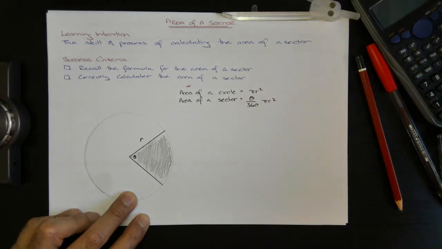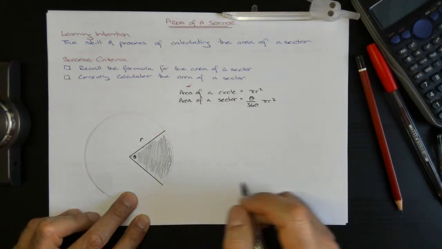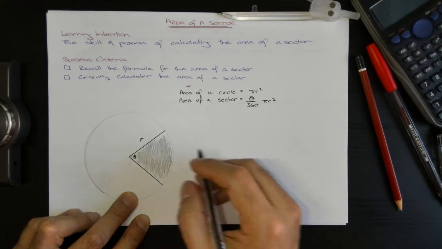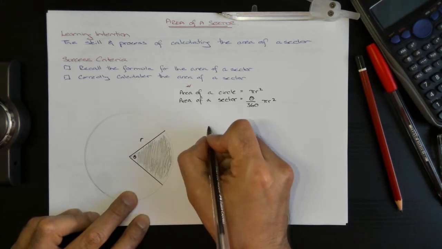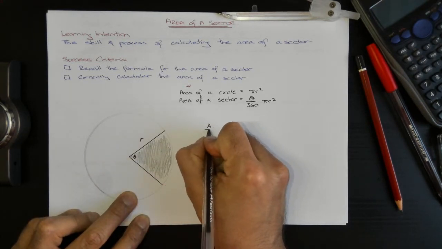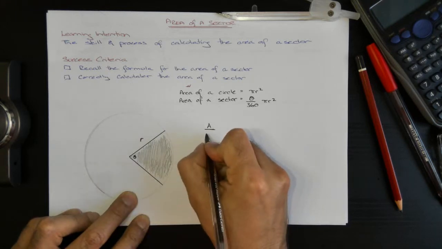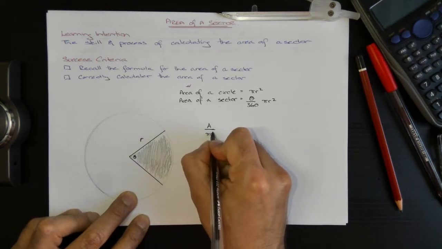But now we're going to be using some radians. So let's say we have this sector of area A, and that's a fraction of the full area of the circle.